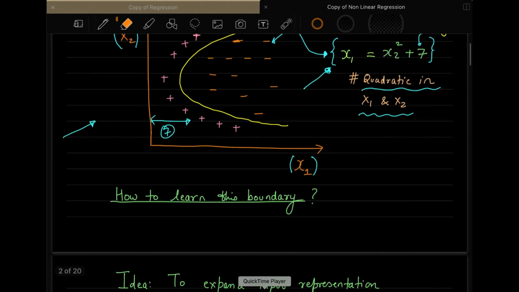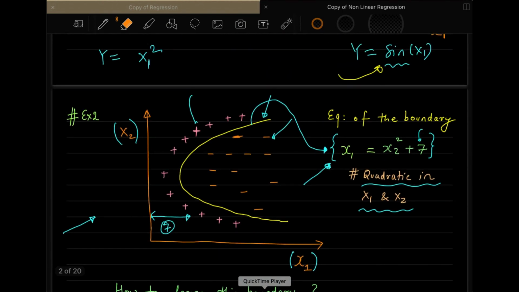Okay. So similarly here also, the boundary could have been something like these, maybe. I don't know. It could have been like this, but we don't know the equation for this particular curve because it's a complex curve which is separating the two classes. But we know that some way or the other it looks like a parabola.